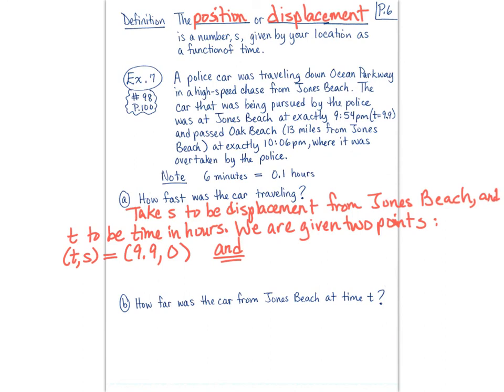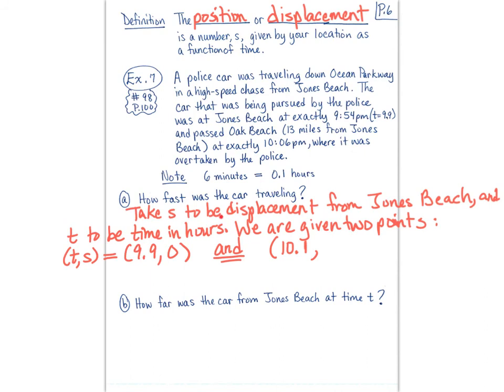What is your other point that's given to you? You have to make sure that it's in the form of T, S. What's T? The time. So what is the time for the next point? 10.1. Good. And what is your position at 10.1?